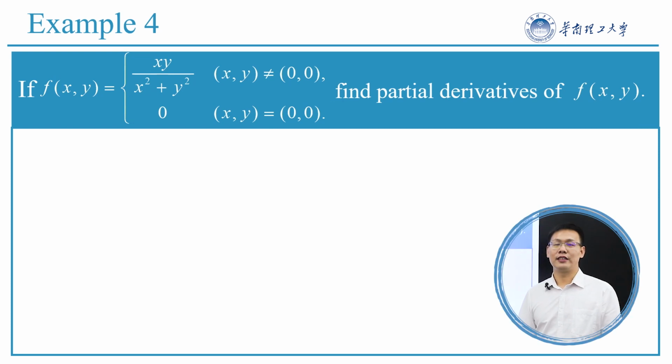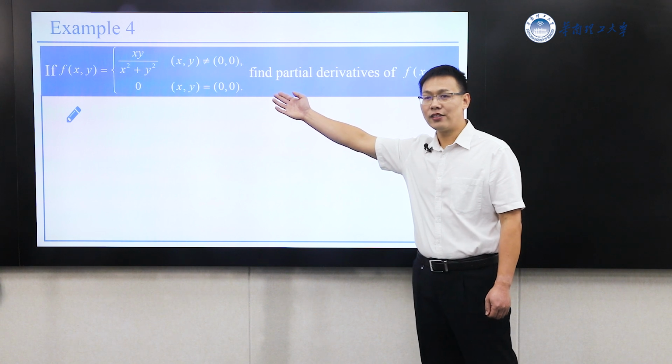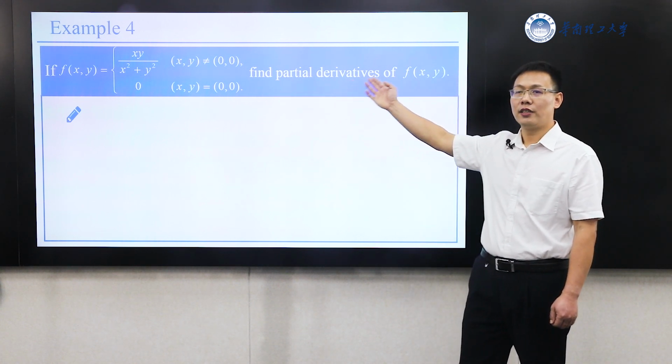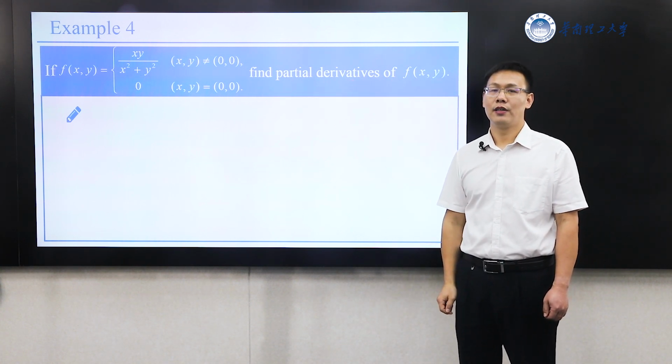Now we see example 4. If f(x,y) is the following piecewise function, find its partial derivatives.